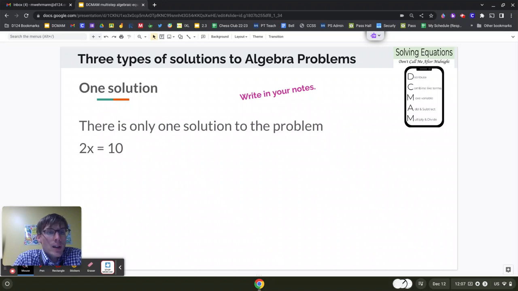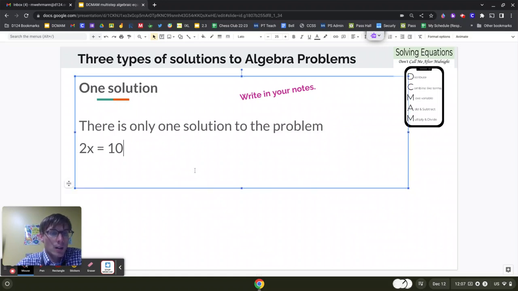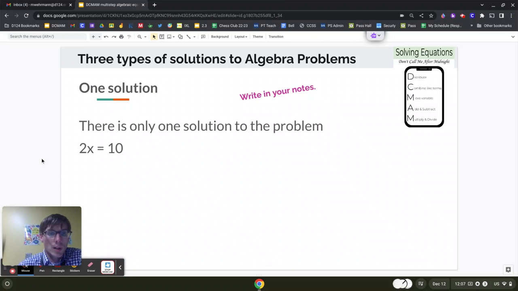So what is the inverse operation of that 2? Well, the 2 is multiplying by the x. So the inverse operation is dividing by 2, right? So if we divide each side by 2, 2x divided by 2, we're left with x, and 10 divided by 2, we're left with 5, okay? So once we divide both sides by 2, we're left with x equals 5.